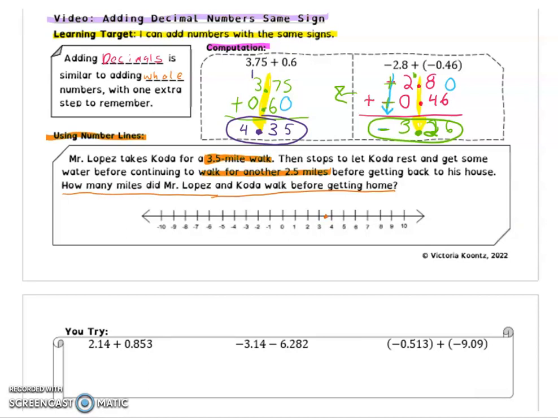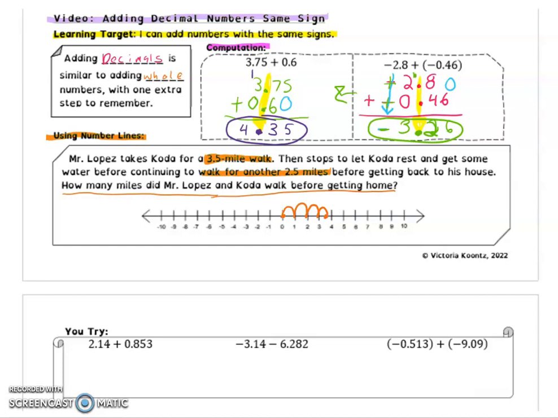And then that's how far they started first. But did they start there? They already started at 3.5 miles? Where'd they really start? When you very first start somewhere, you start where? So you started at 0 because you hadn't done any miles yet. And then they walked for 1, 2, 3.5 miles.